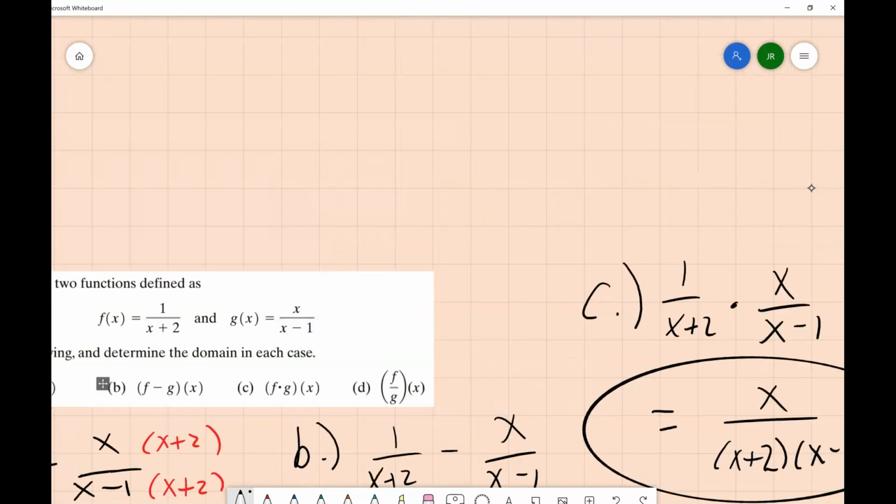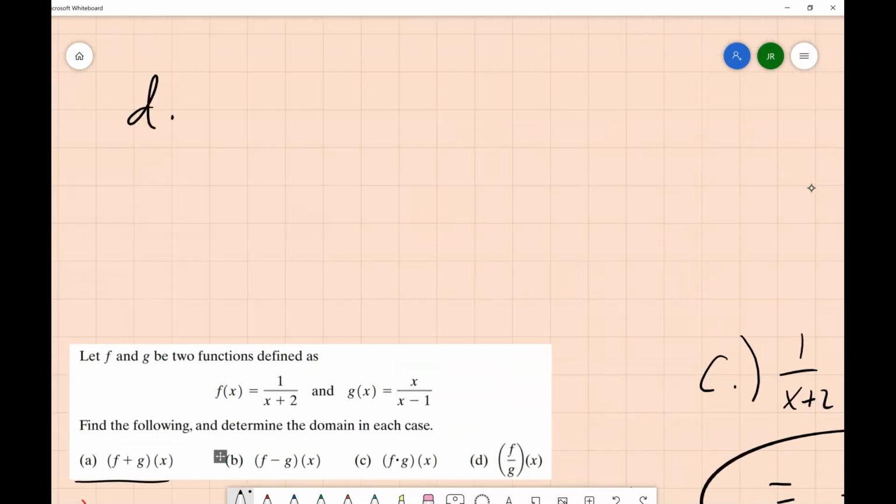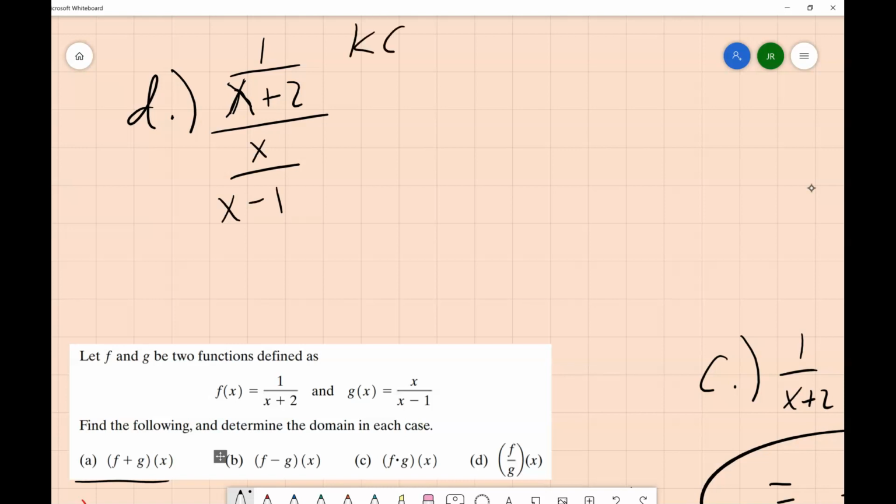And finally, part D. F over g of x. That means 1 over x plus 2 divided by x over x minus 1. How do you divide fractions? Keep, change, flip. Keep the first fraction, 1 over x plus 2.